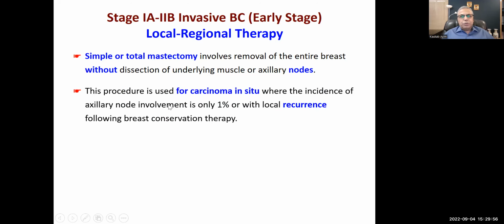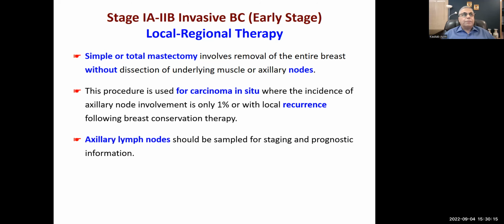This procedure is used for carcinoma in situ, particularly ductal carcinoma in situ, where the incidence of axillary lymph node involvement is only 1%, or with local recurrence following breast conservation therapy. Okay, so I hope everything is clear so far.